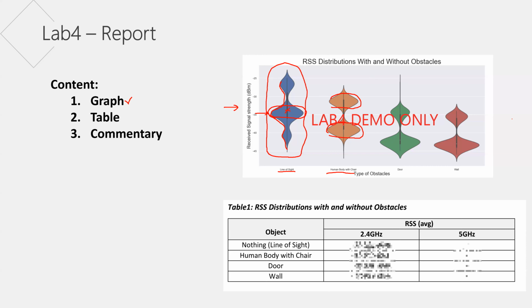But it is not required to plot a violin graph like me. So you can choose any plot you want, such as the bar chart or the scatter plot or anything you want, okay? Just any graph you think is very clear to represent the distribution of RSS.